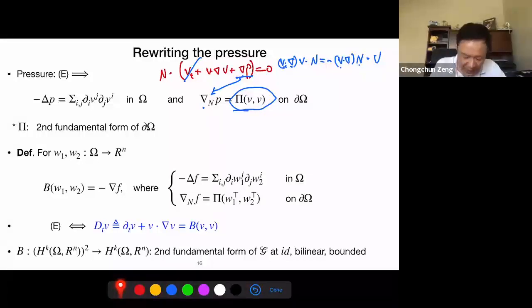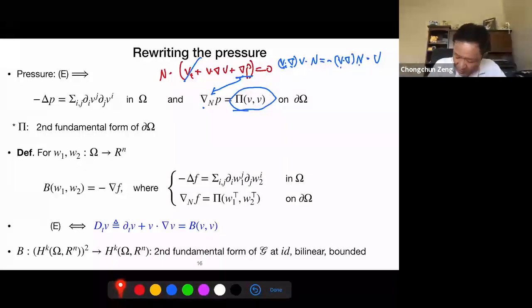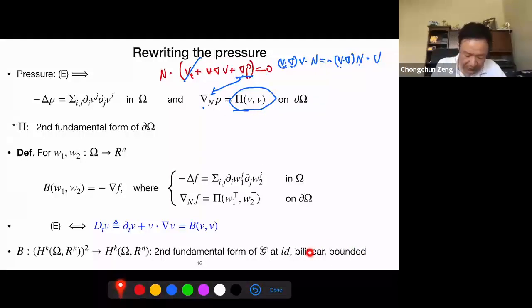And this is a bounded bilinear transform on the velocity field, B. Okay, and then in fact, this is also the second fundamental form in the Lagrangian formulation, the second fundamental form of the configuration manifold at the identity element.